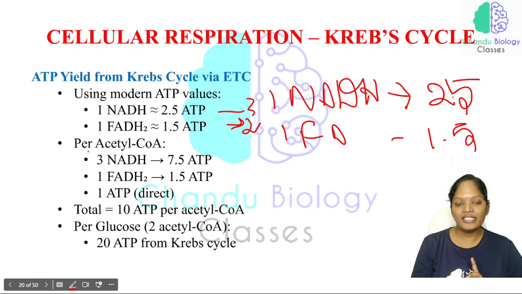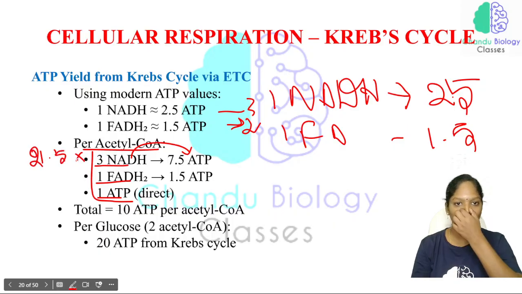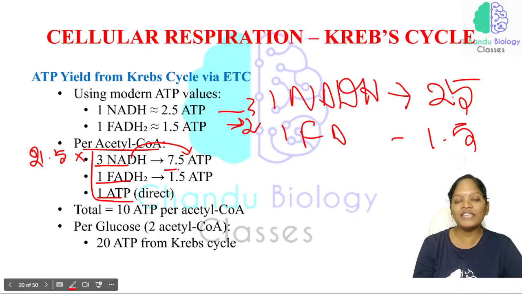Now listen to me very carefully. Per 1 acetyl CoA, they are producing 3 NADH, 1 FADH₂, 1 ATP. Whenever we are converting this NADH and FADH₂ into ATP, we have to multiply 3 by 2.5, which gives 7.5. 1 FADH₂ is multiplied by 1.5, so 1.5 ATP, and 1 GTP molecule has been produced, which we calculate as 1.